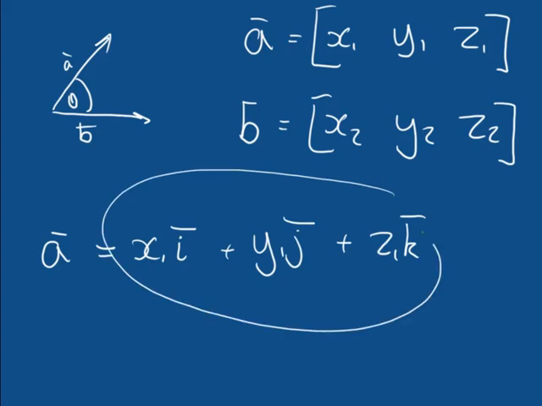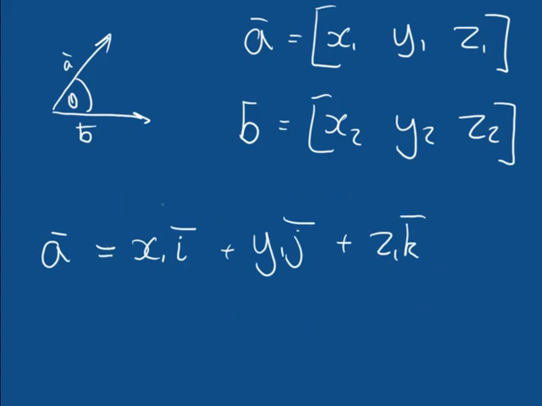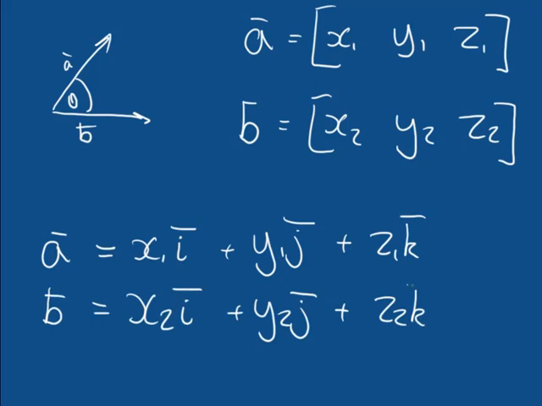And we've seen why we can write this like this and what these vectors are back in the Cartesian vector video. We can also write B as a combination of those Cartesian vectors. B would be equal to x2 times i plus y2 times j plus z2 times k.